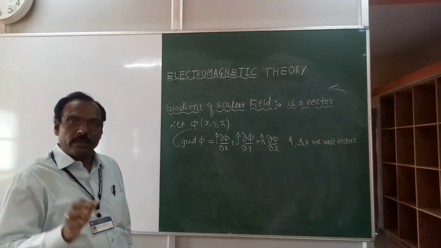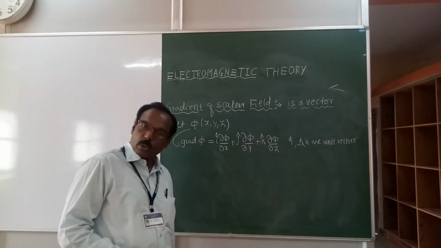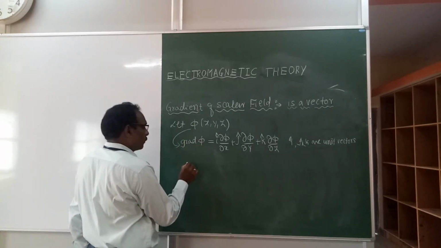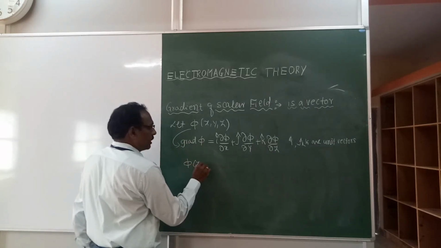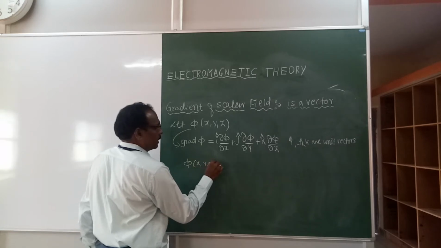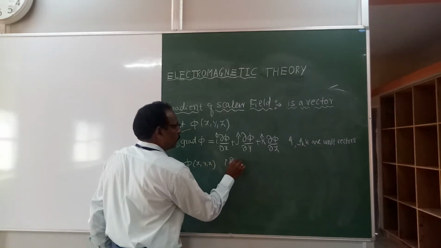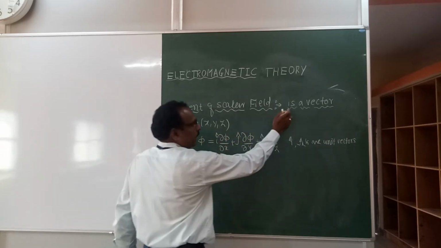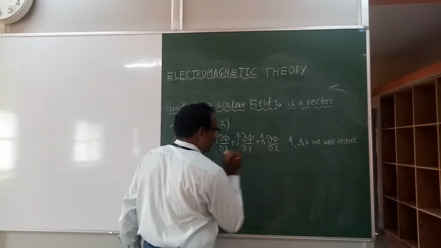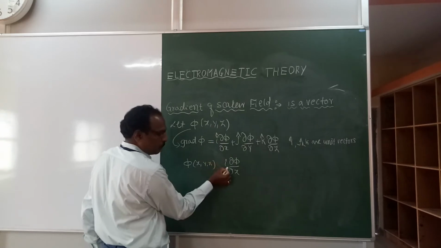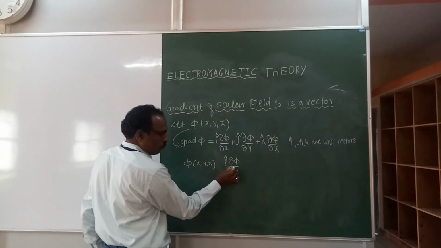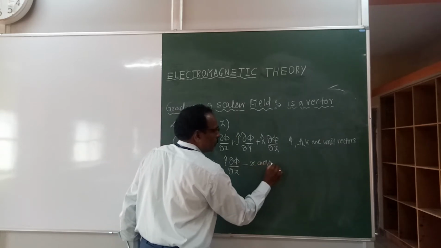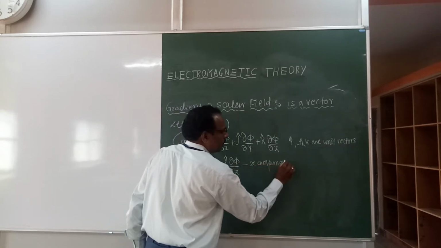When we say a vector, it should have components. So here the x component is i dou phi by dou x. Hope you got this.